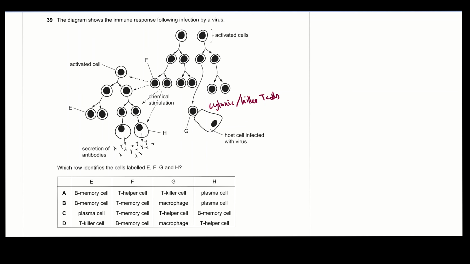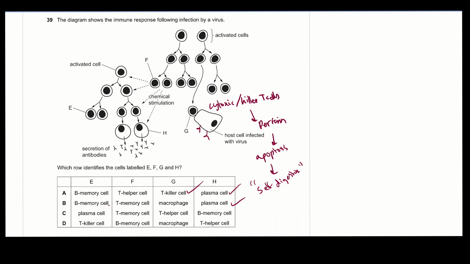These cells attach to the host cell infected with virus that shows specific antigen and secretes a substance called perforin. This substance kills the infected cells by inducing something called apoptosis, which basically means self-digestion. We know that G is going to be T killer cell.